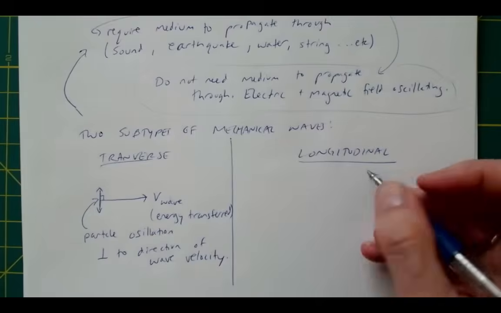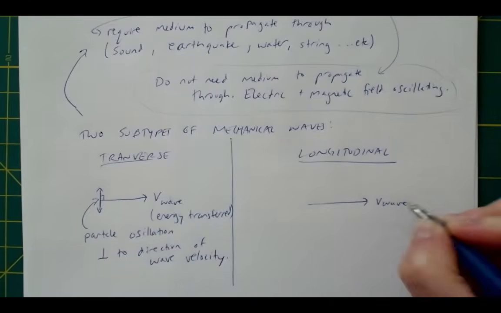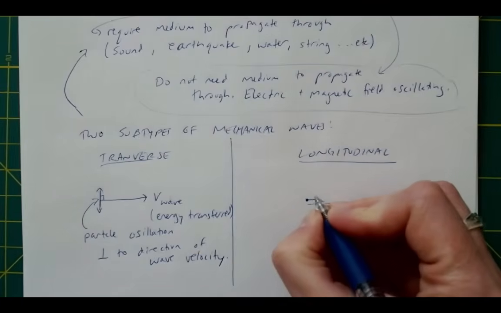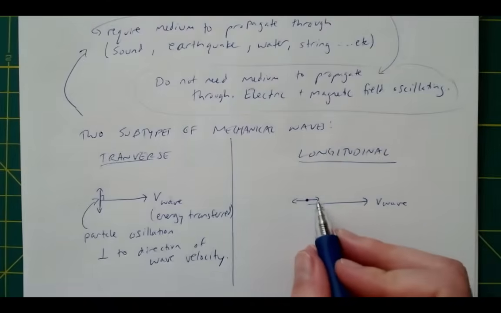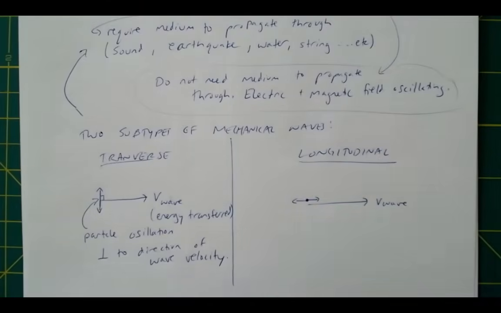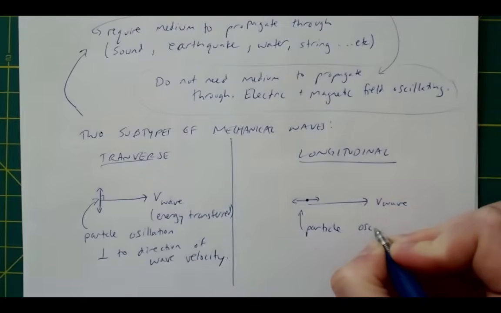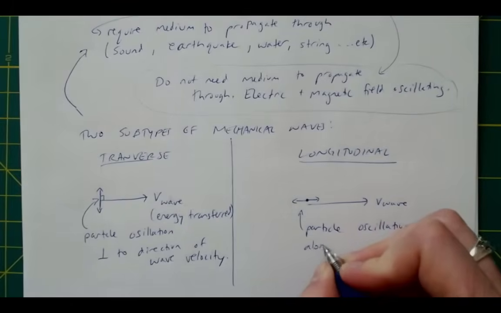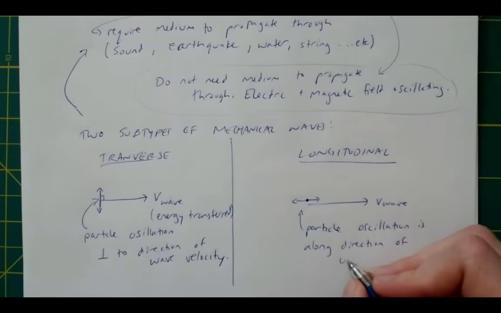A longitudinal wave, on the other hand, you might guess, is that if your wave direction is again towards the right, now as the wave passes through, individual particles will oscillate parallel to the direction of the wave motion. So in this case, the particle oscillation is parallel, so it's along the direction of the wave velocity.